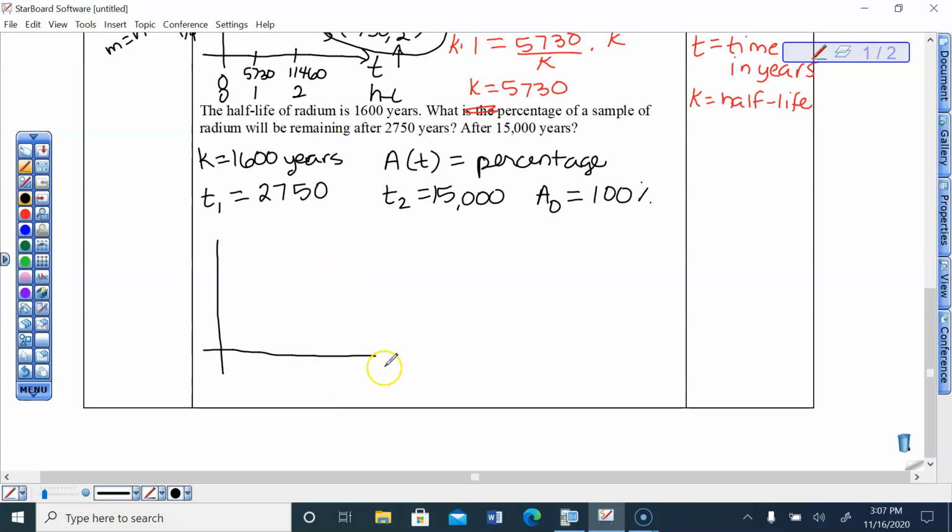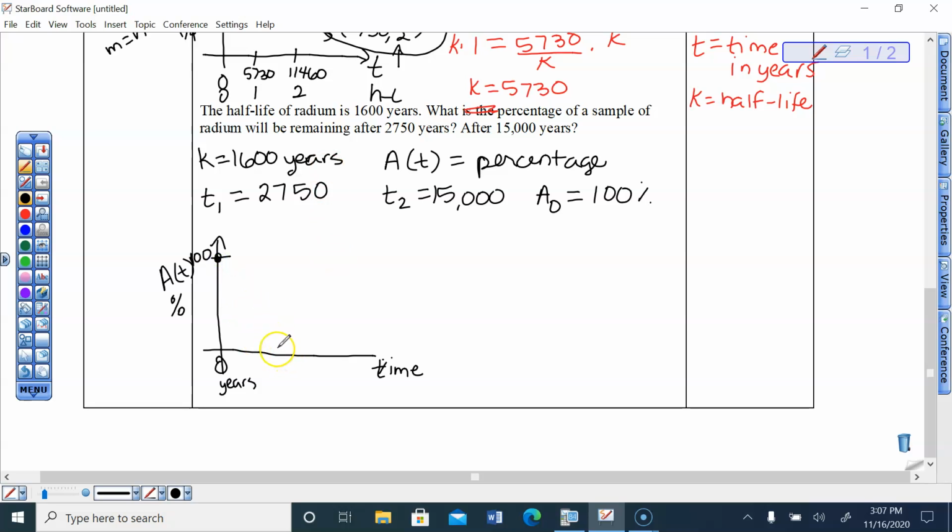Okay, so this is the time for the half-life of radium, and then here will be your amount over time as a percent. So we're going to start at 100%. That would be at 0 years. And so that's how much we would have at 0 years.